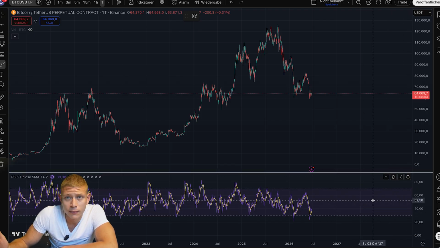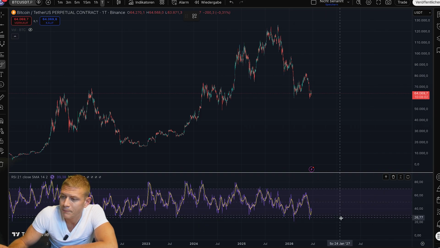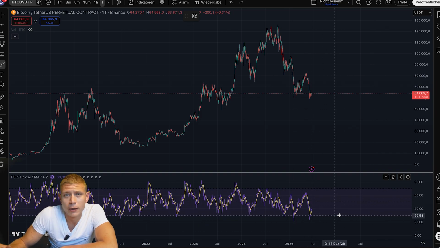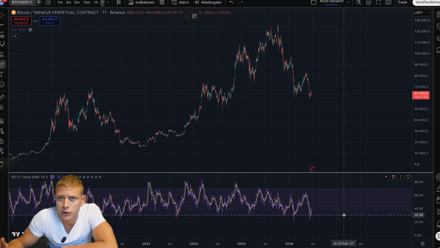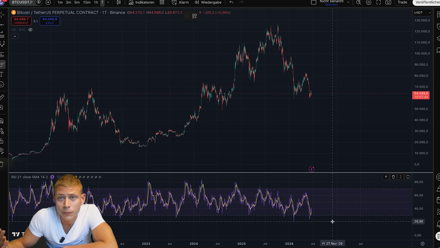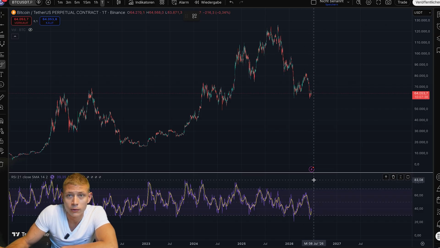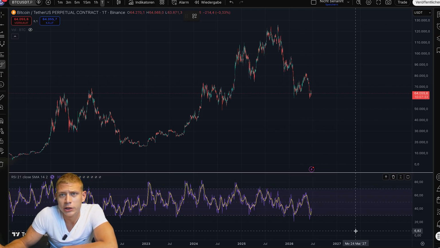In between 30 and 70, there is this purple area. As long as we're in purple, it's kind of a neutral area. You can just go with the trend. But as soon as we go into one of the extremes, the top or the bottom area, we are in a so-called overbought or oversold region, which is not a buying or selling signal yet, but it's already a sign to be cautious.